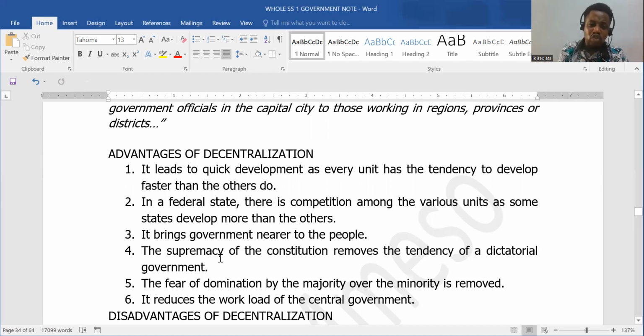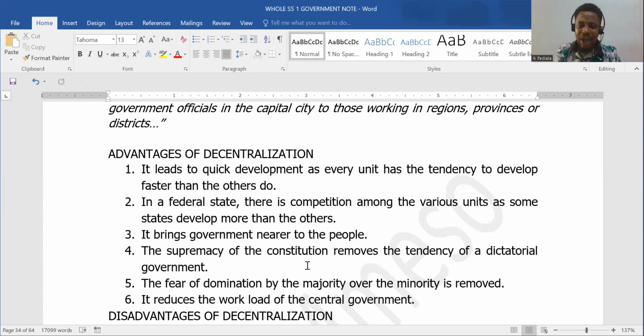So in this kind of system, the supremacy of the constitution removes the tendency of a dictatorial government. So this right to decentralize power is spelled out in the constitution.